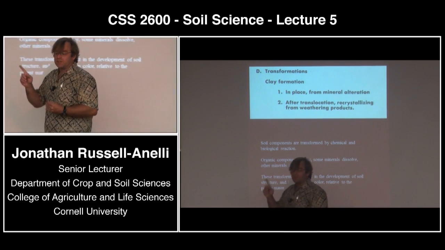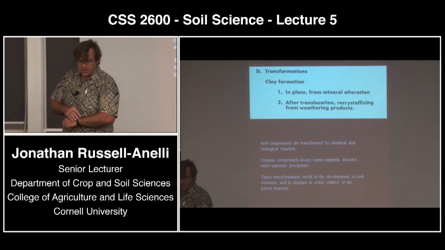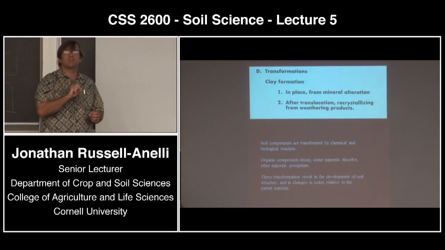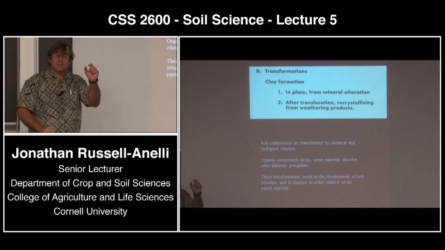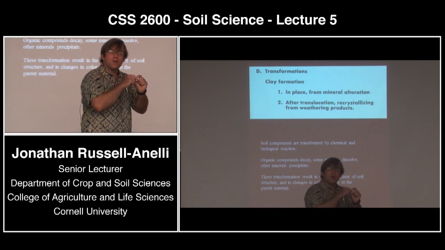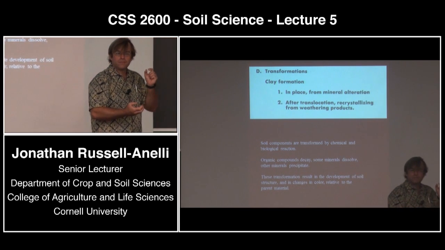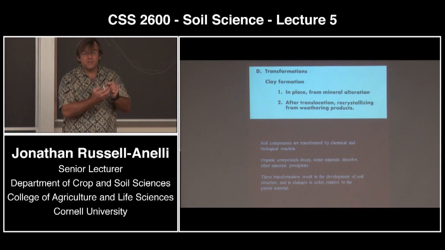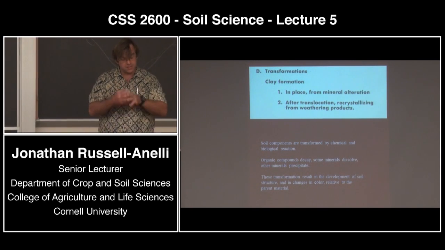We also can have scenarios, and this is what you're going to see in 2 weeks, where we have a translocation event that then turns into a transformation event. I've got that rock, remember? It's a clay particle. I start dissolving it, and things leave it, right? Well, where do all those things that leave it go? Some of the times they're lost from the system. They basically wash out.